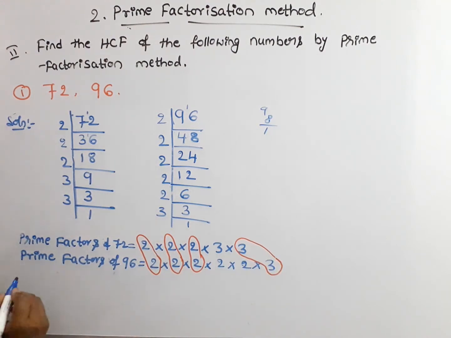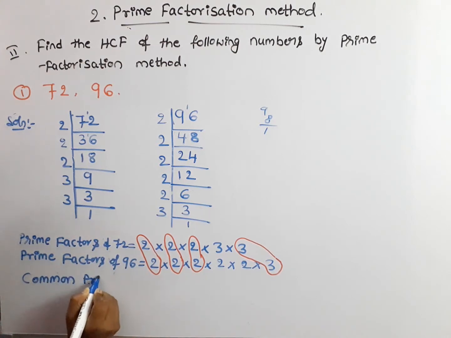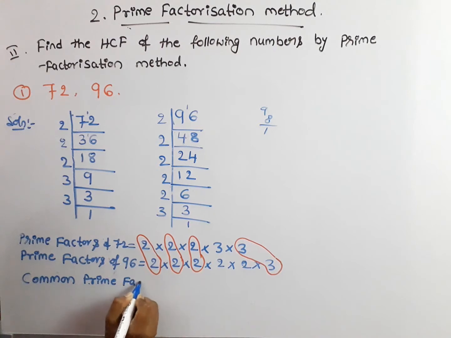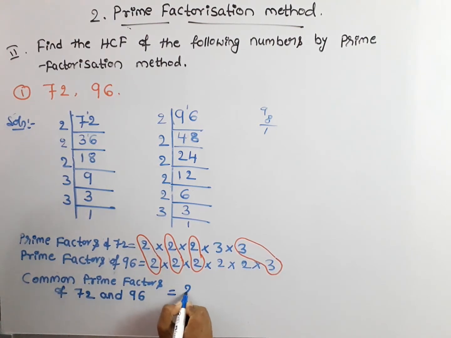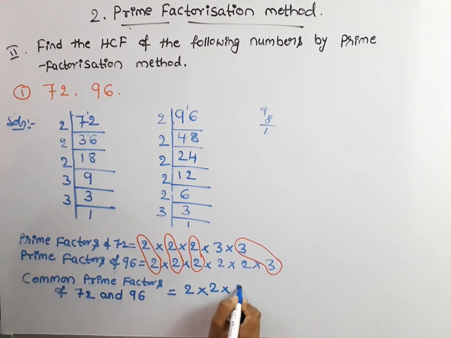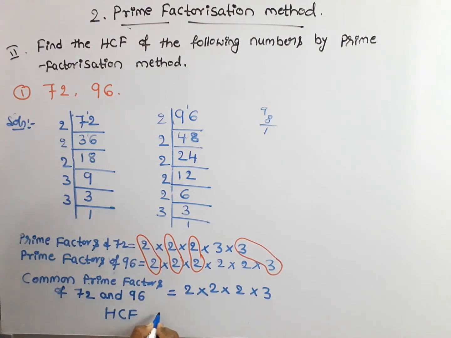So write the common prime factors of 72 and 96, which is 2 into 2 into 2 into 3. So write HCF. 2 2s are 4, 4 2s are 8, 8 3s are 24. HCF is 24.